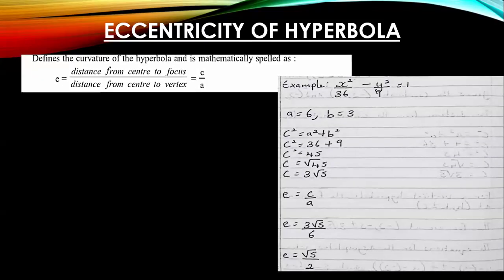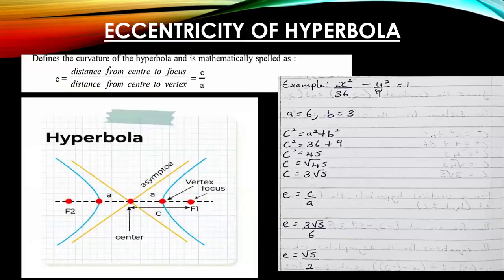For this next part, I'll be talking about the eccentricity of a hyperbola. The eccentricity of a hyperbola defines the curvature of the hyperbola. Here we have a formula, and it says the distance from the center to the focus.